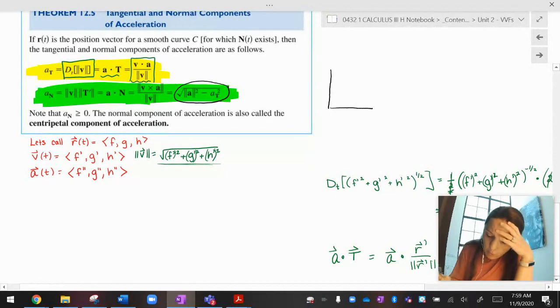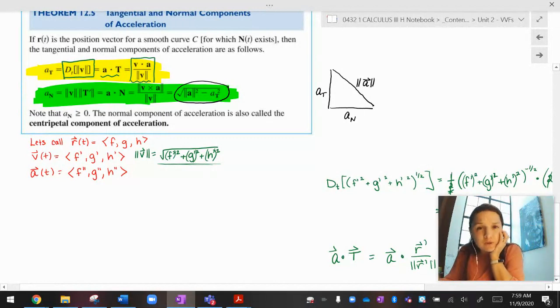okay, what you're going to get is the magnitude of your regular acceleration vector right here. So however long your tangential component is and your normal component is, the right triangle created by your tangential and your normal component of acceleration is going to get the magnitude of your acceleration vector valued function.